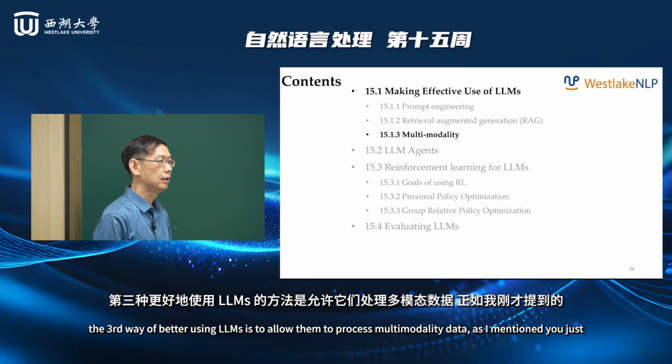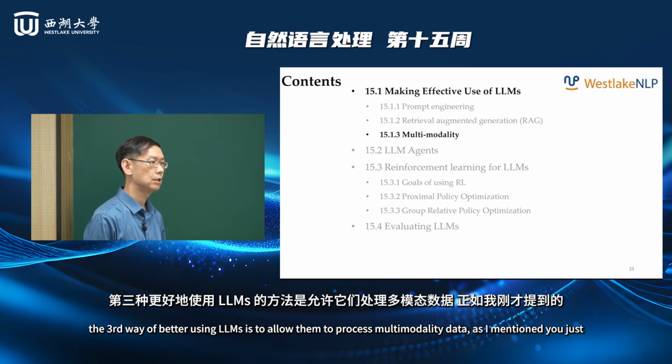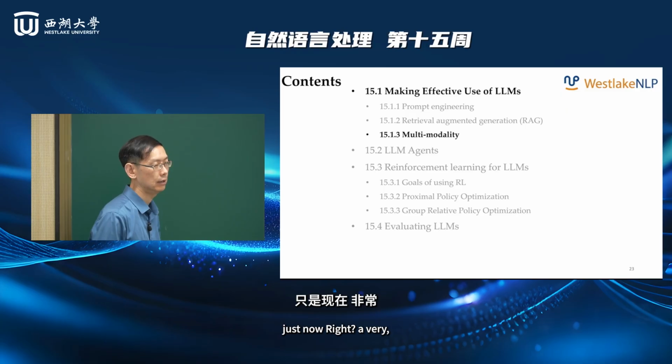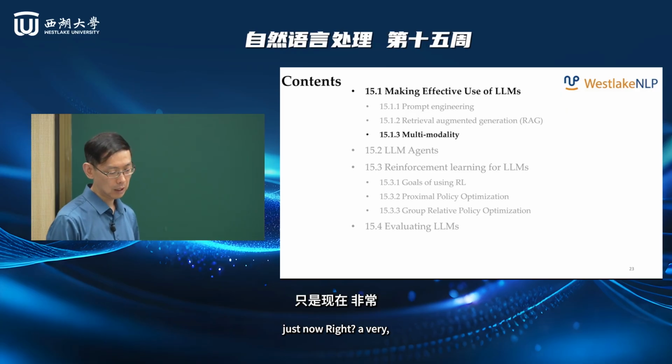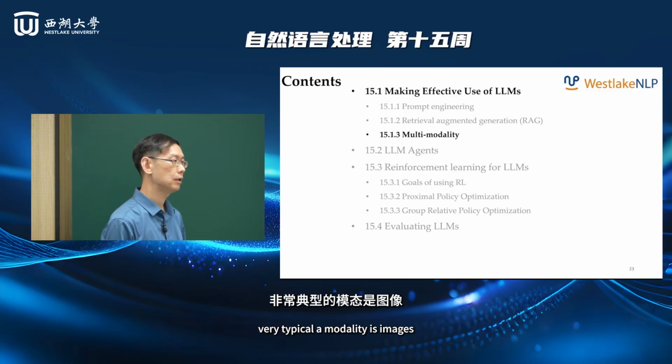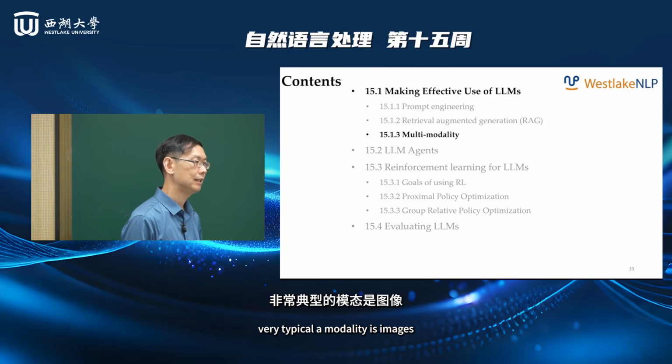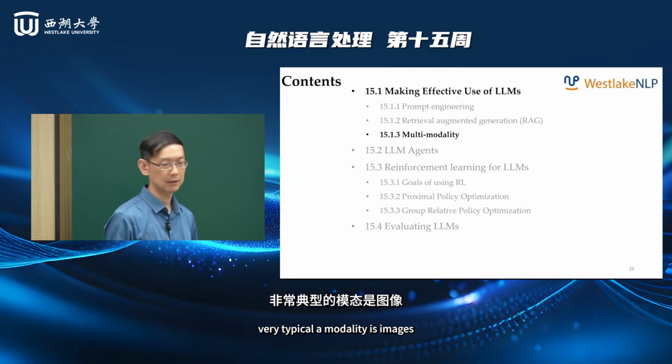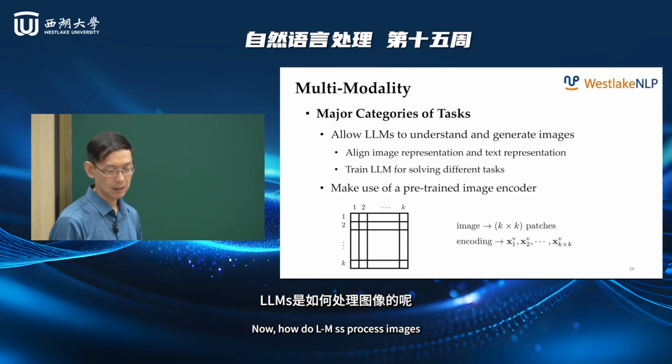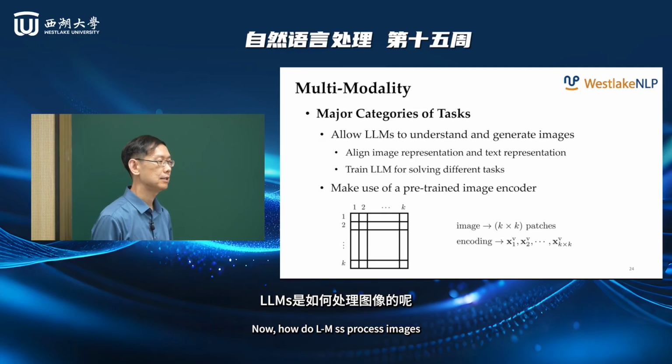Okay, the third way of better using LLMs is to allow them to process multimodality data, as I mentioned just now, right? So a very, very typical modality is images. Now, how do LLMs process images?